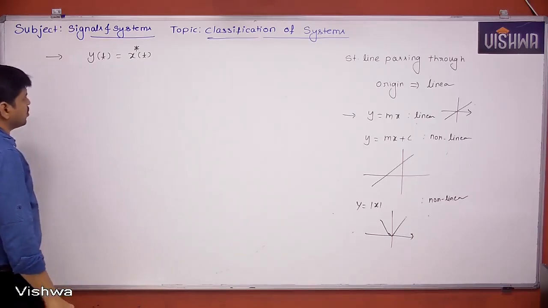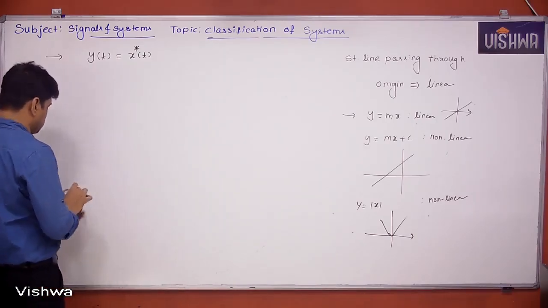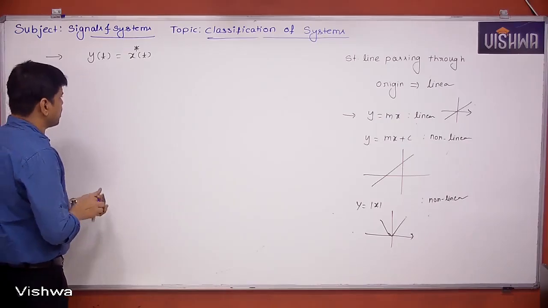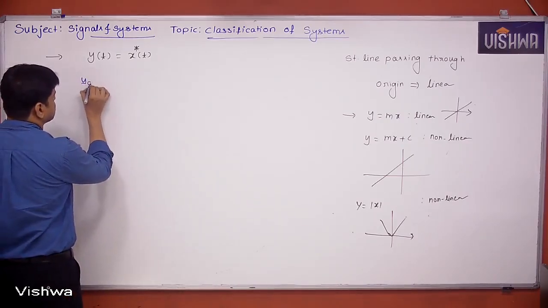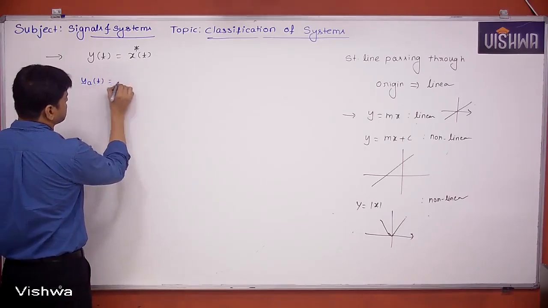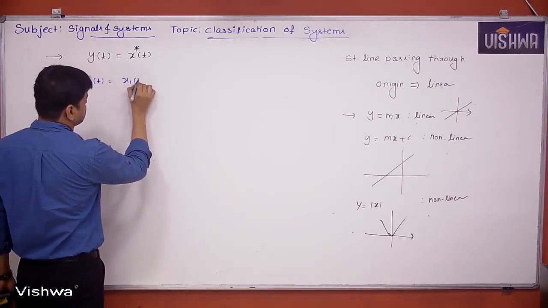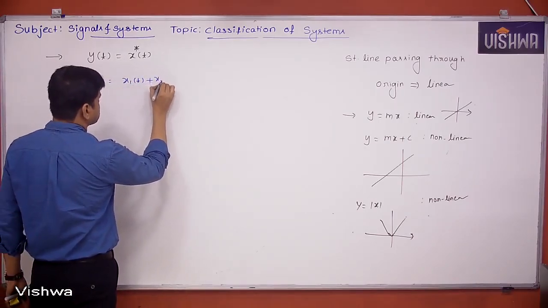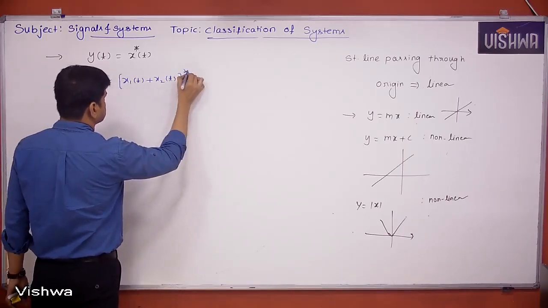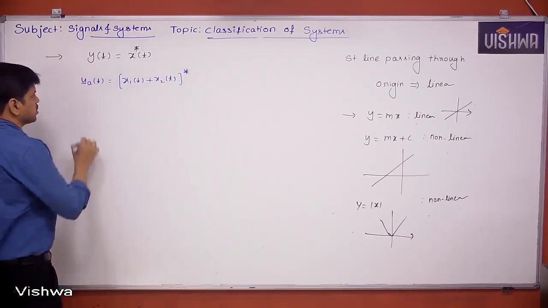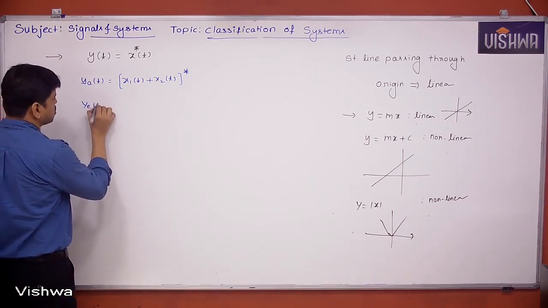First of all, try to understand. I am just going with a mathematical analysis only. The actual output in the additivity principle: x is replaced with x1 plus x2, so x1 of t plus x2 of t whole conjugate. Next, what is the expected output?